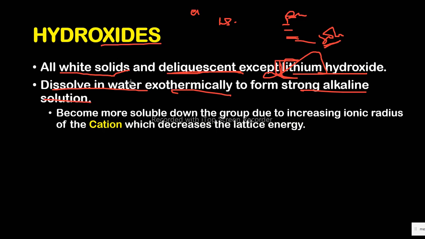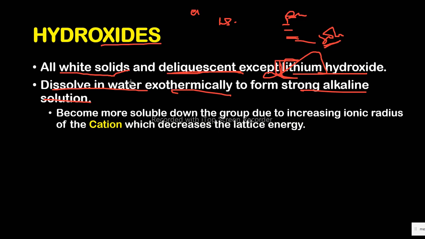Now for group 2, their solubility decreases down the group. That's why magnesium hydroxide is insoluble. Calcium the same, strontium the same, barium the same.